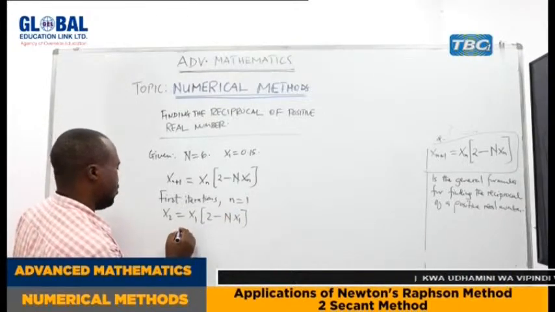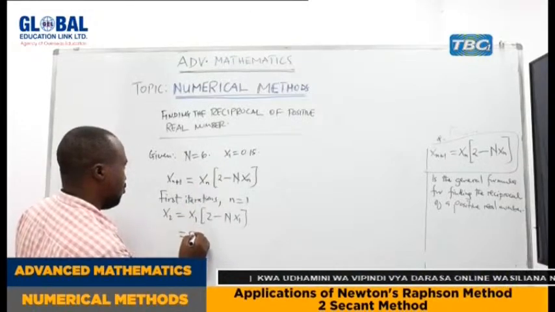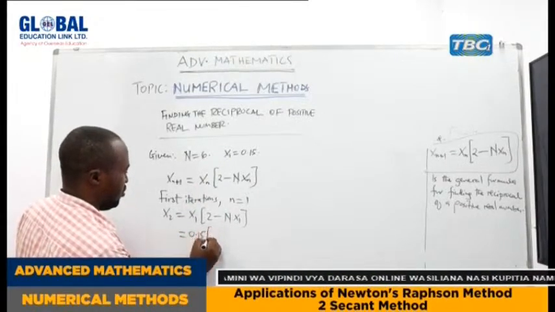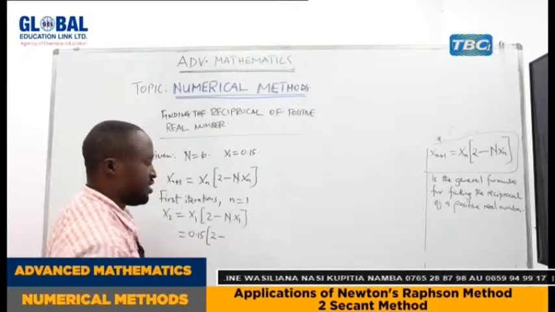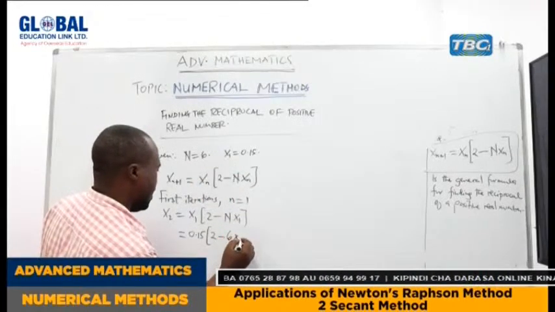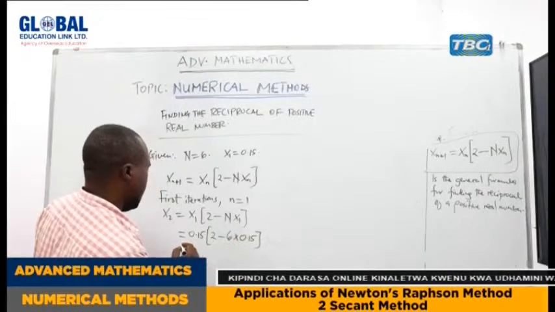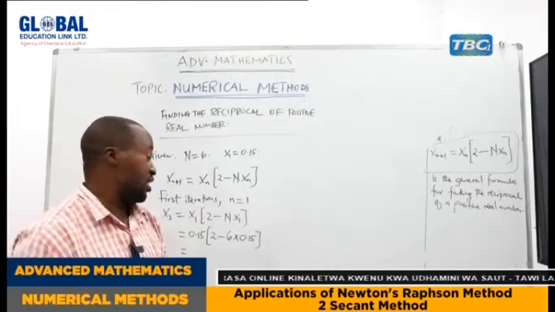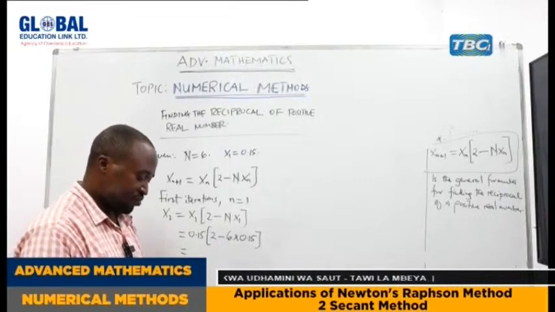So x2 will be equal to x1, that is 0.15 bracket of, then we have 2 minus, now our n is 6, so we have 6 times 0.15. Now we just take your calculator to compute the final answer.